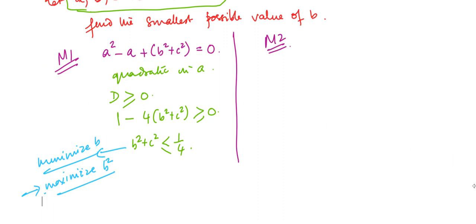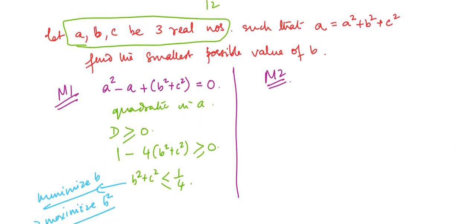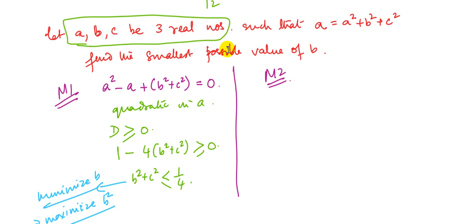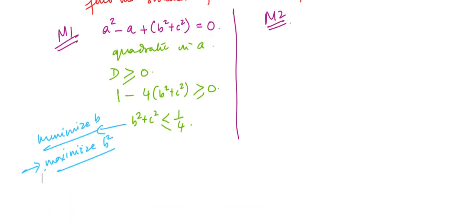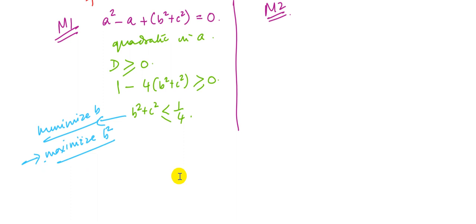Once again, look at the condition given. A, B, C are three real numbers. They can be both positive or negative. So if I am trying to minimize b on the negative side, that means b square will be maximum, because b square will be a quadratic like this.